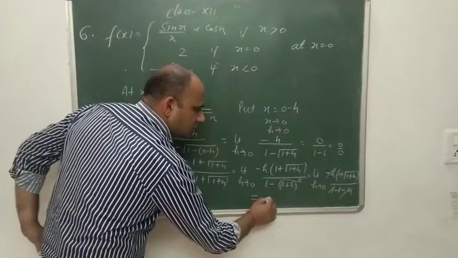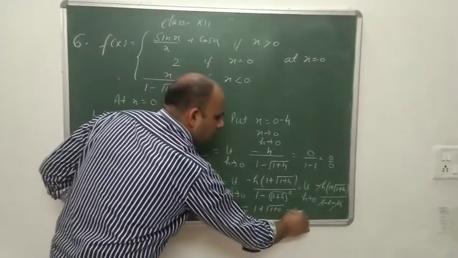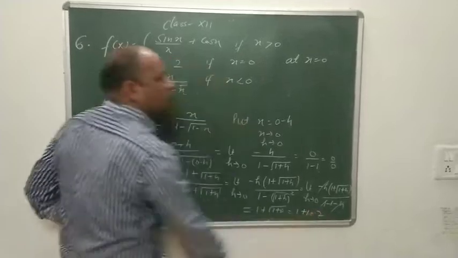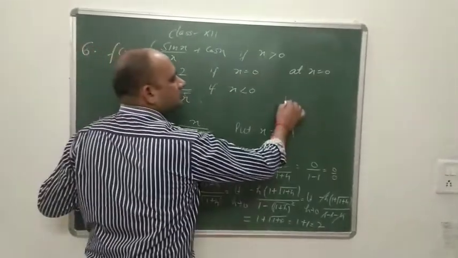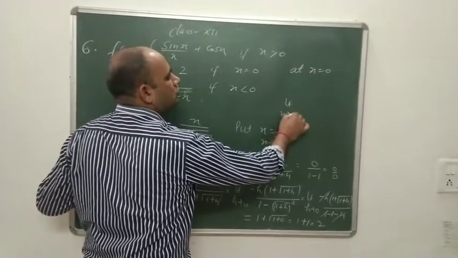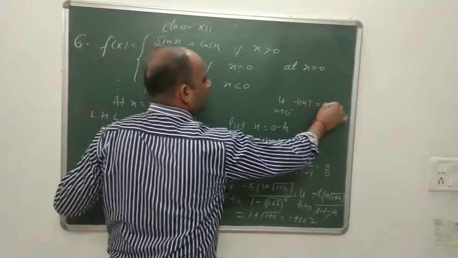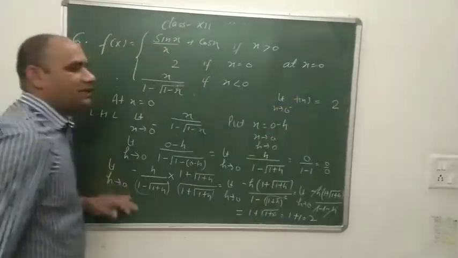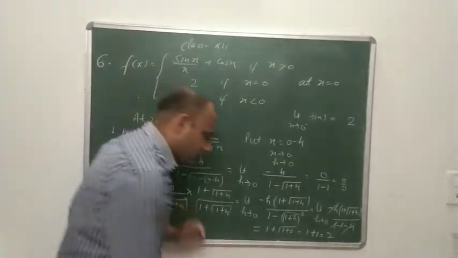The result is 1 plus 1, that is 2. So our left hand limit, limit x tends to 0 minus f(x), result is 2. Now we will discuss the right hand limit.